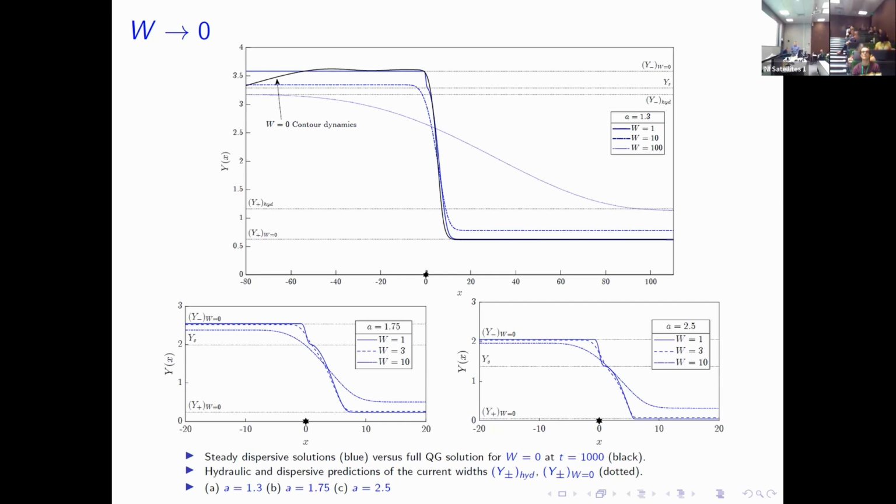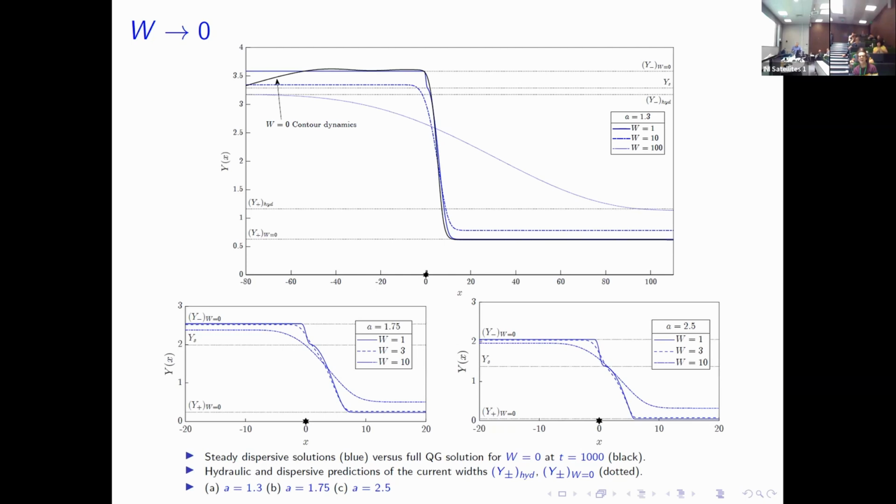And remarkably, it seems that the long wave equation is capturing the behavior when W equals 0. This is the height from the hydrodynamics, and this is the prediction from W equals 3. It seems that the long wave equation is doing very well, even at W equals 0.